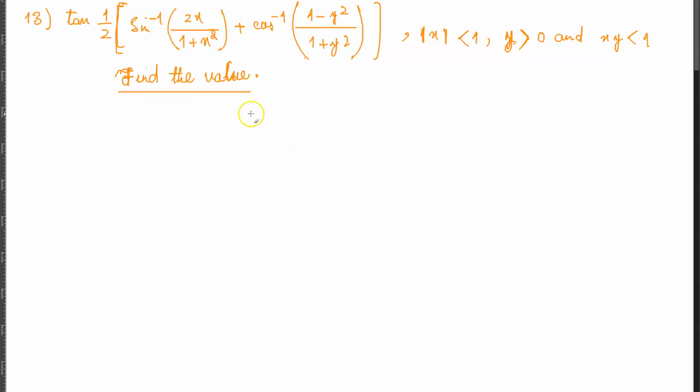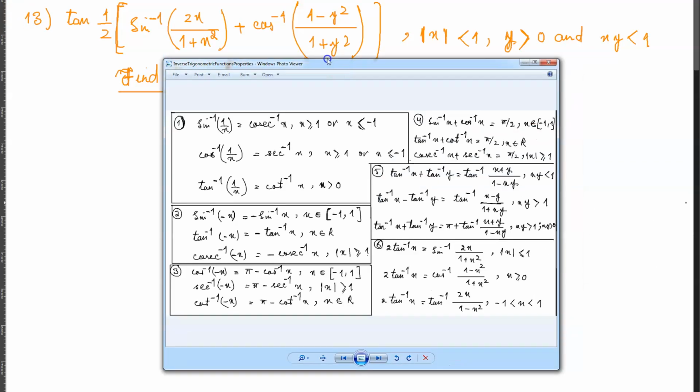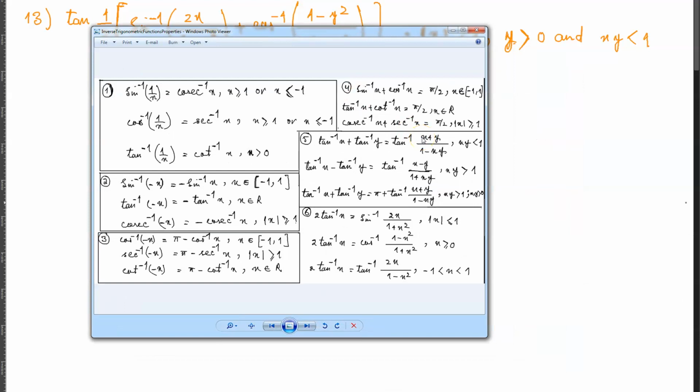Okay, now in order to solve this problem, let's take a look at the inverse trigonometric functions and the properties of them that we discussed before.